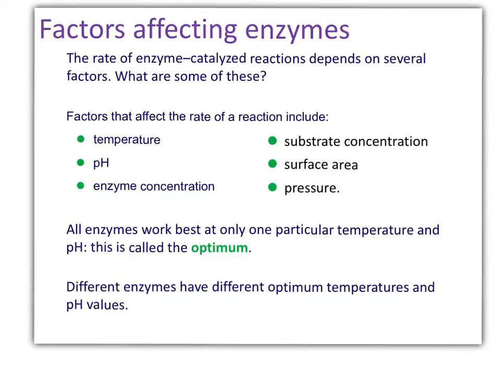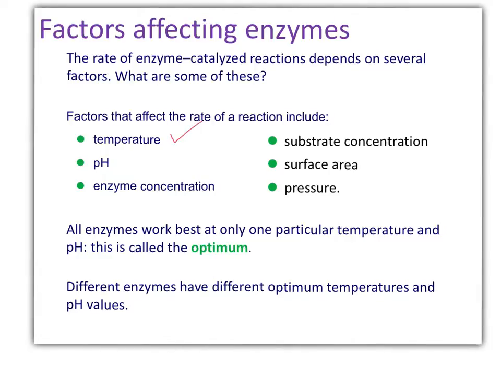Now, there are a number of different factors that affect the rate, okay, of enzyme catalyzed reactions. Okay, so that basically means there's factors that affect how quickly the reaction proceeds.